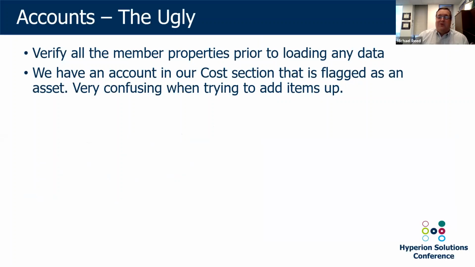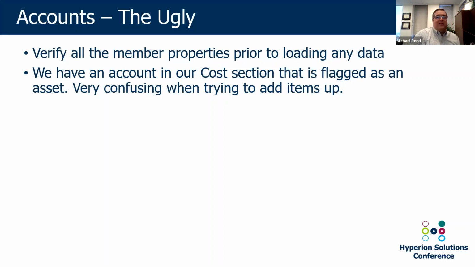We sign flip, so we have a positive number in there because all of our data in HFM is positive because of the financial reporting system. And if you were to drill into our chart of accounts, our P&L section has a section that doesn't foot. Because the account is flagged as an asset, it's going to be loaded as a natural sign as an asset. It's just horrible, horrible design.